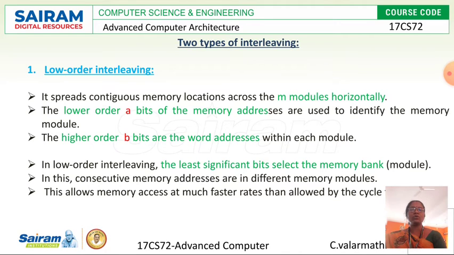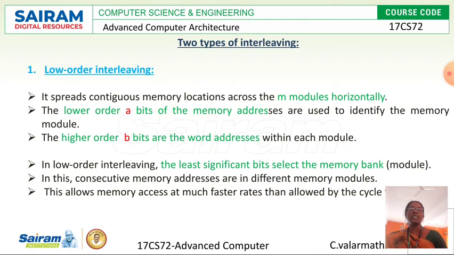Low order interleaving is an interleaving technique where the memory locations are spread in the horizontal direction. The memory address is represented in a horizontal direction, and when we move from left to right, it is traversed. That is why it is called the horizontal representation of main memory.